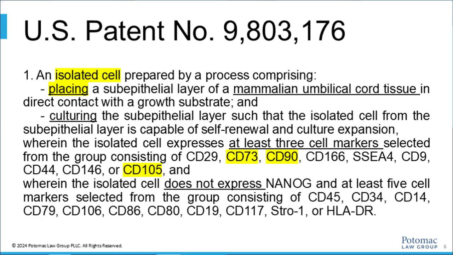And they set forth the profile of the isolated cells. So here we've got wherein the isolated cell expresses at least 3 surface cell markers selected from the group, and it's got this list here. And then we've also got a negative limitation wherein the isolated cell does not express ANOG and at least 5 cell markers, and it's got a list.